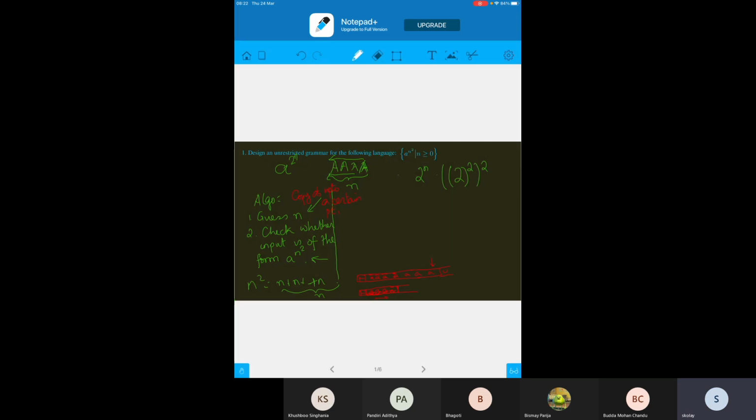Okay, so let's try another algorithm, Algo 2, where I'm saying that n square, this is something we learn in school, n square is the summation of 2i minus 1, i going from 1 to n.